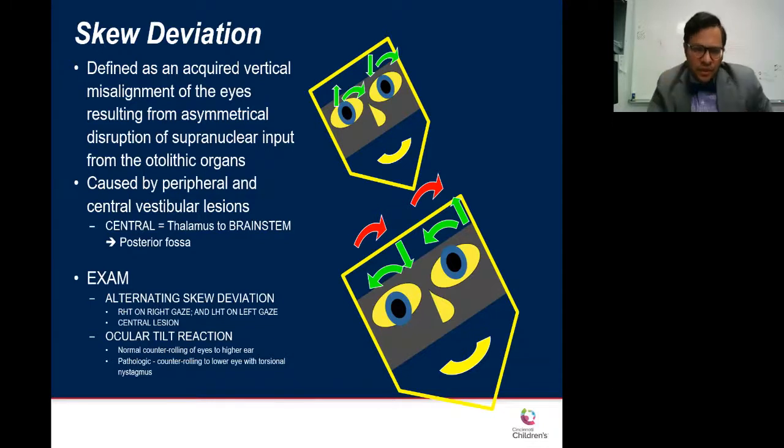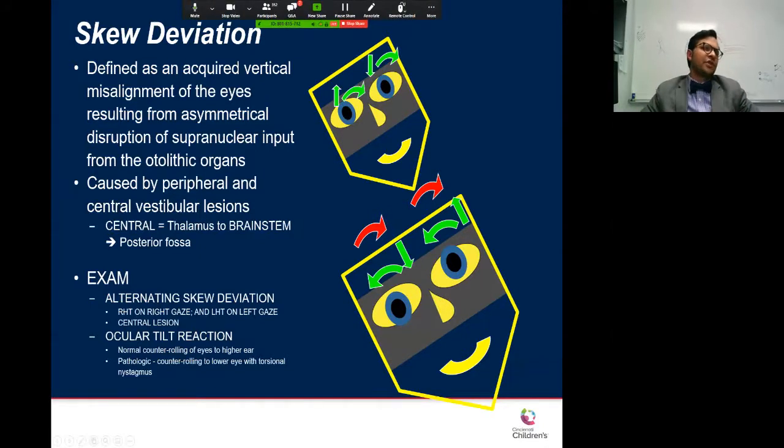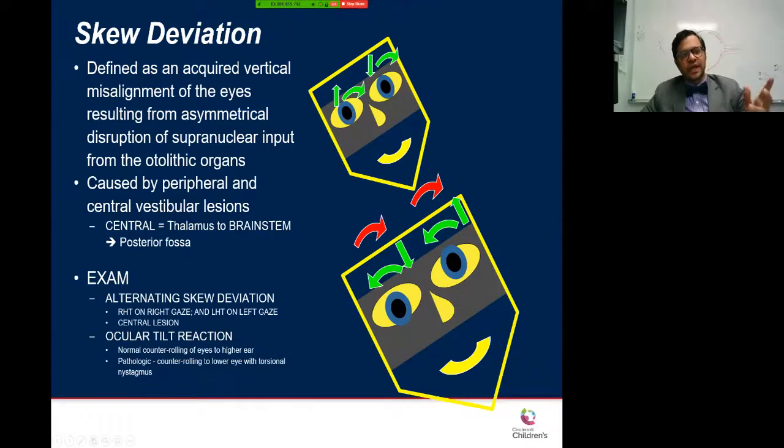So typically, when you turn your head to your right like this, as shown in this picture, both eyes are going to roll toward the higher ear. In this case, the picture shows this rolling in the direction of the higher ear.